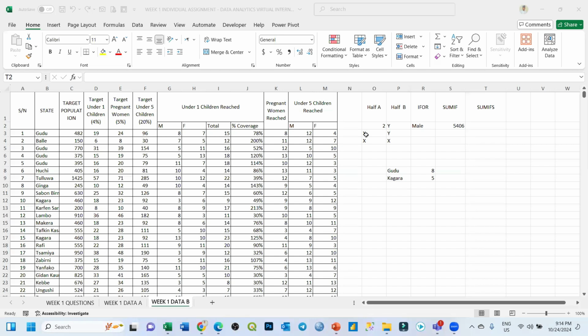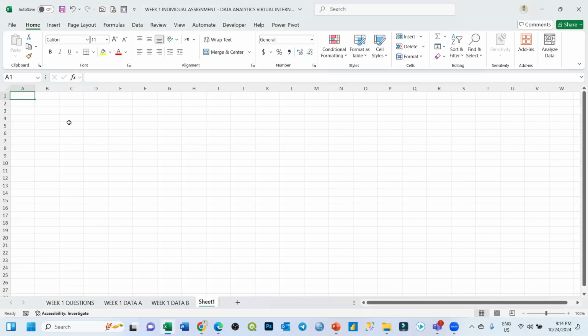I don't know if this makes any sense. I don't want to confuse you in giving this example. I want to give a very simple example that you will understand. Let me say, let's say we have states and we have LGAs.